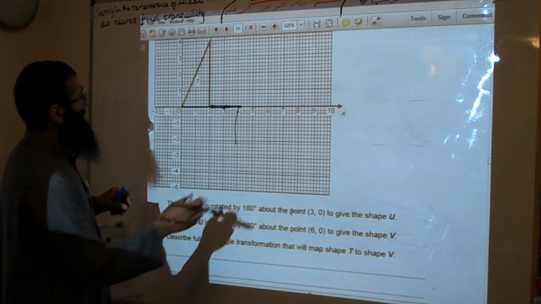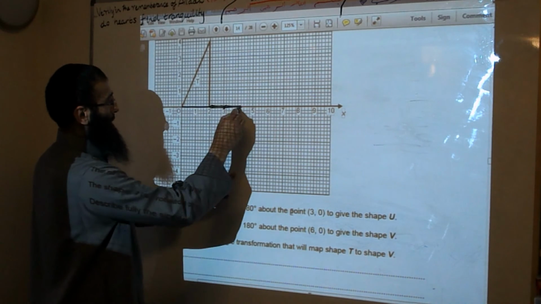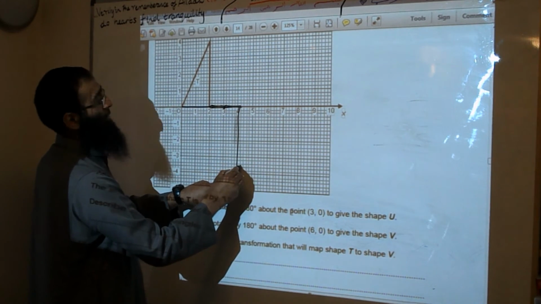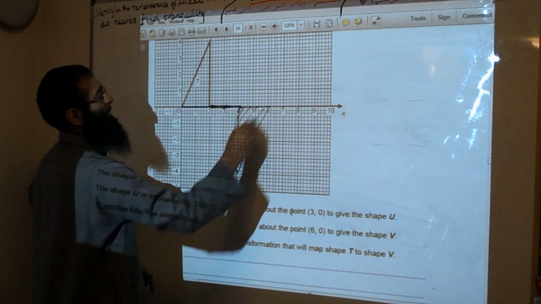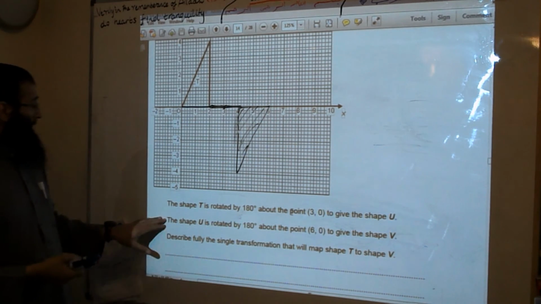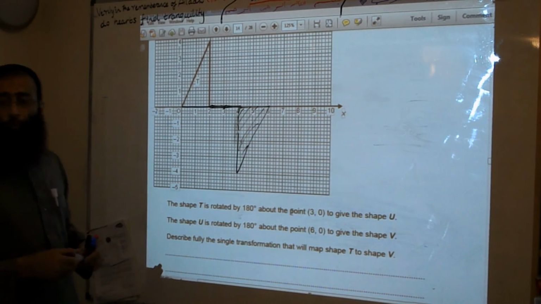How long does it go down for, Samir? To -4. And then it goes back up to 6. There you go. So then you've got the shape U. So this is shape T. This is shape U.